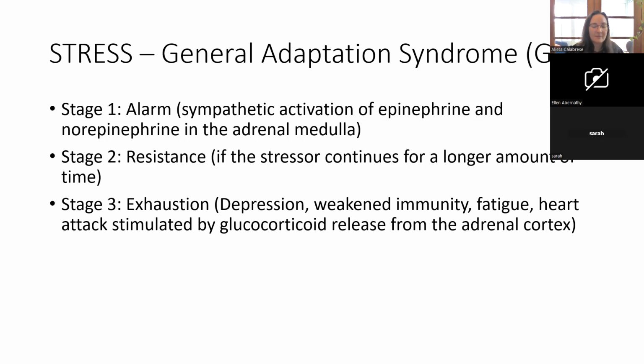Resistance is if the stressor continues to happen and hasn't resolved itself, then your body starts to get tired and will push you into exhaustion. Exhaustion is you've been stressed out way too long, and it starts to take its toll on your body. So you might become depressed or get sick more easily. You're tired. People even suffer heart attacks during this exhaustion phase.